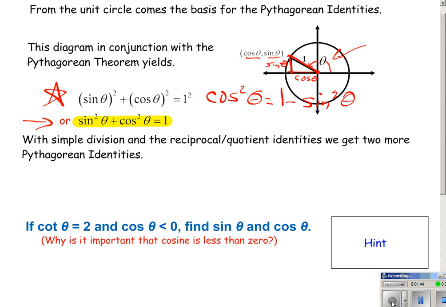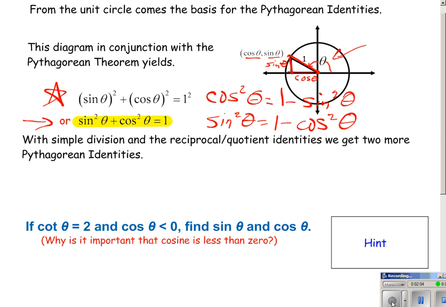Likewise, we could subtract the cosine squared and get sine squared of theta is 1 minus cosine squared of theta. So those are just some very minor changes to the identity to get to those versions of them.